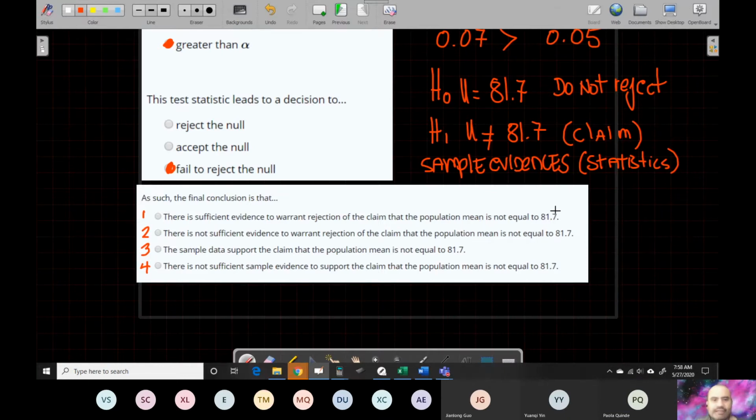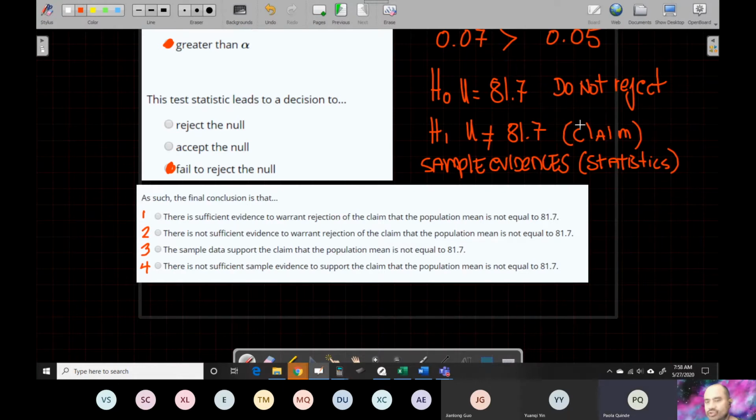You have enough evidence to warrant rejection of the claim that the population mean is not equal to 81.7. Is that what the evidence gave you? No. The only thing that you have in this type of exercise is enough evidence to reject or not reject H0. You can't say anything about anything else. That's the only thing that I have shown you.